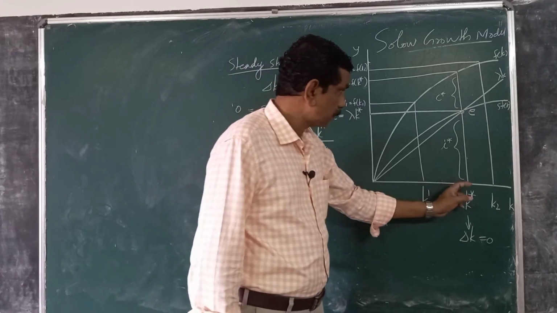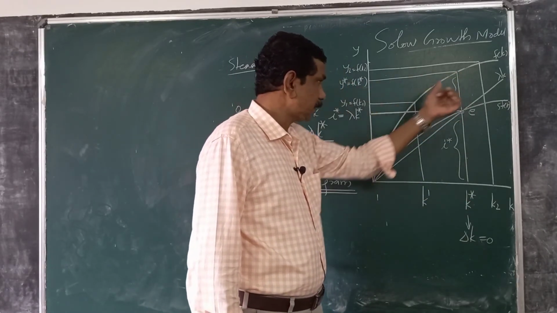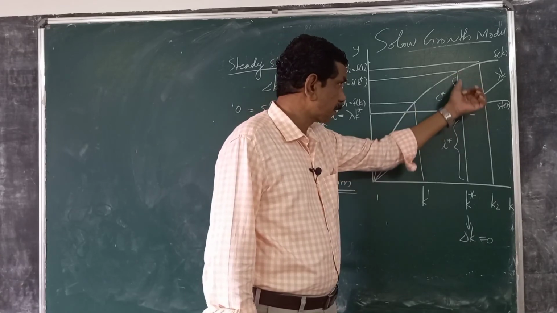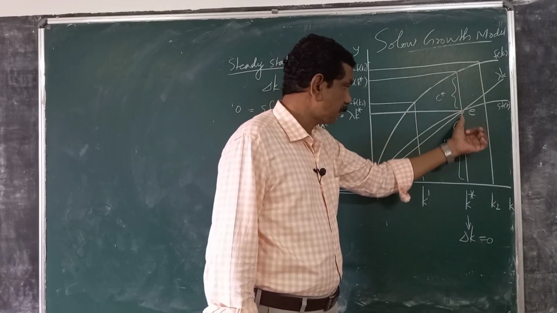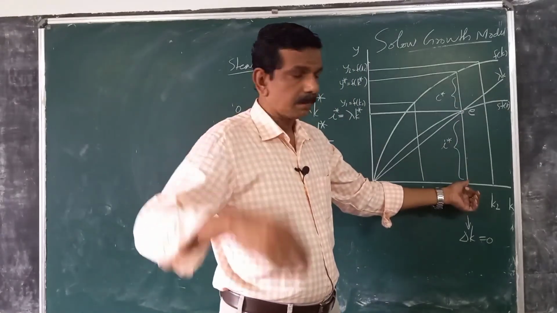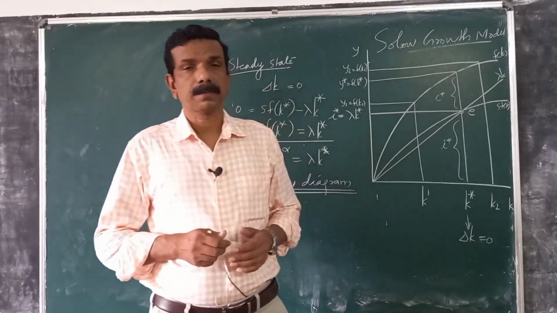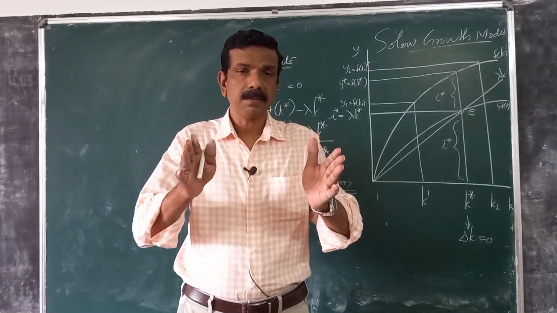At K star, the associated output is Y star, and this is the corresponding consumption per head, and this is investment per head. And in the next session, we will consider the dynamics of the Solow model.